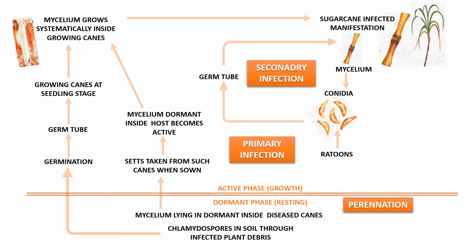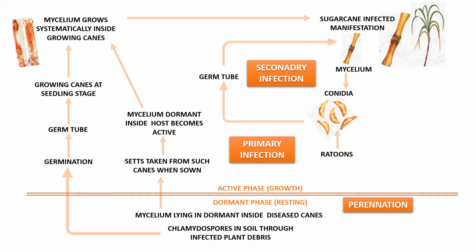So it is very clear that the conidia produced in the acervuli developed along the midribs of diseased leaves during primary infection form the secondary inoculum. The conidia serve as the secondary means of infection and spread the disease.